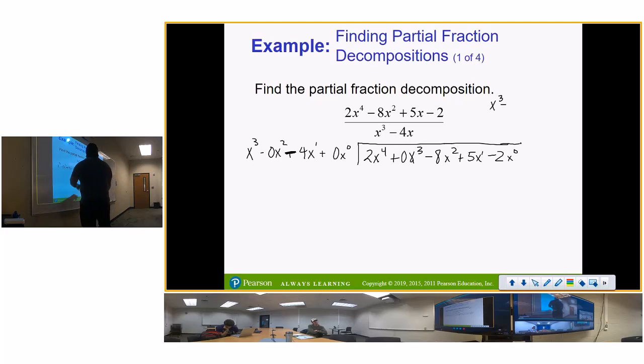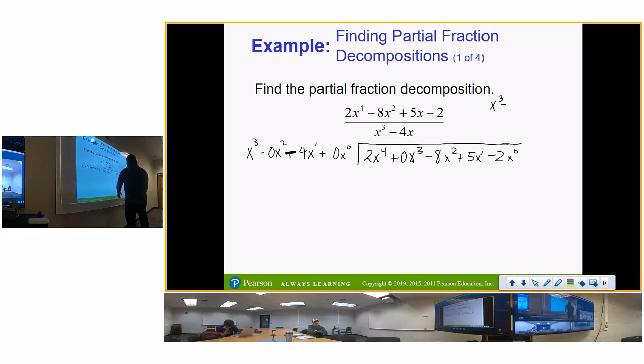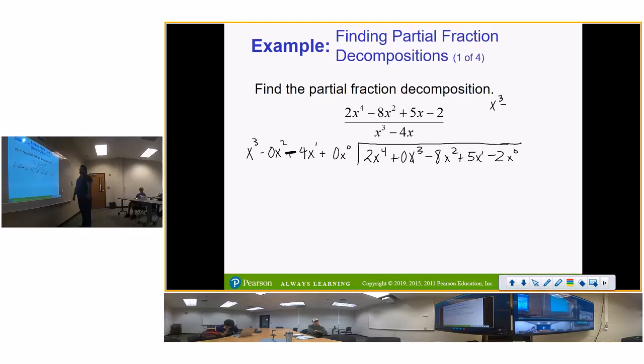So are all place values accounted for? Yes. So now we can do long division. We've already talked about this, so don't come up here and say you don't know what I'm talking about. Okay, we've already done this.